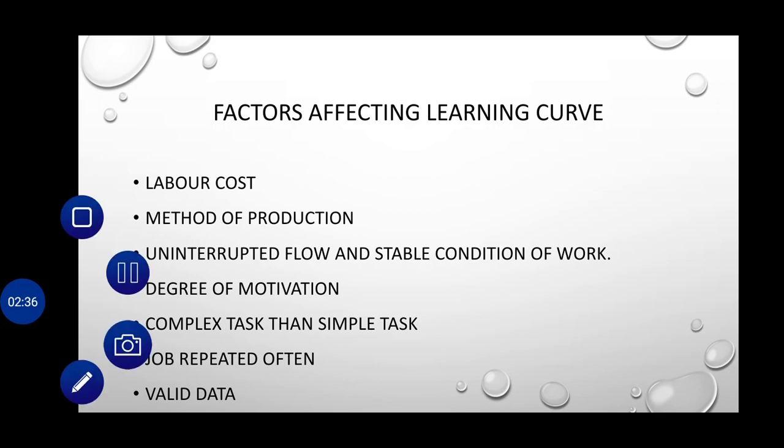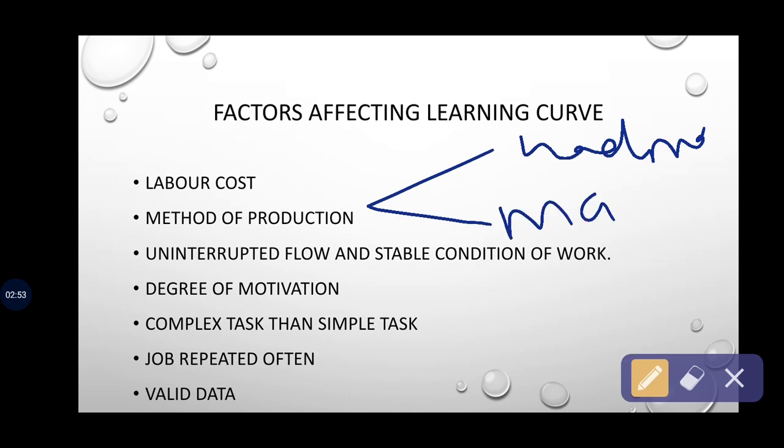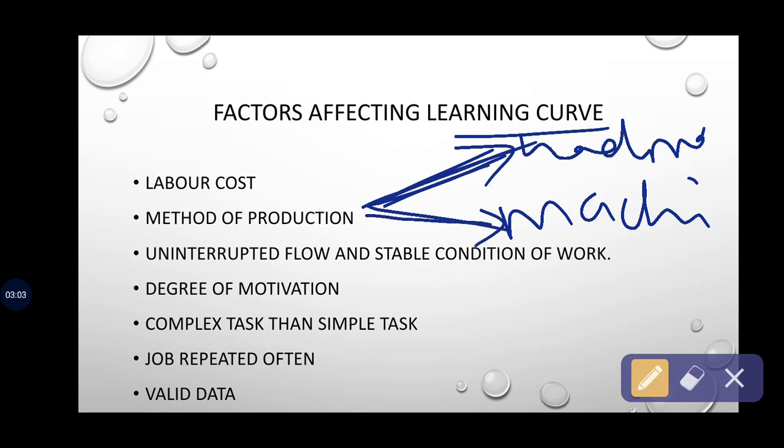Next is the method of production. Here it depends on whether it is a handmade process of manufacturing the goods, or a machine oriented process. If it is a handmade process, workers have to be involved in the manufacturing process.